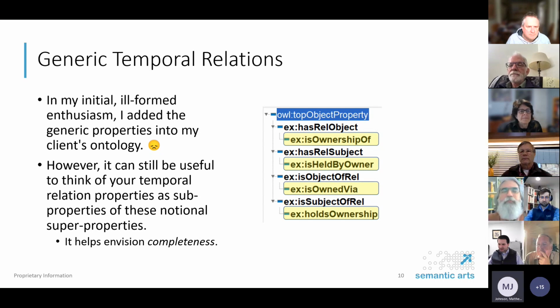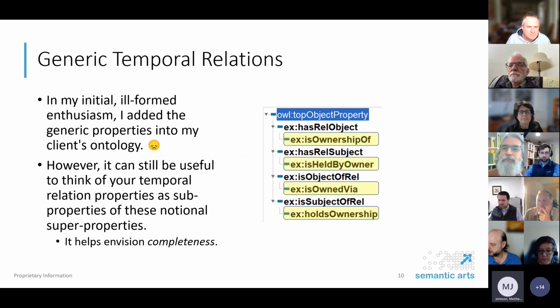Yeah. I haven't looked at the link, but the one thing I was going to mention, this might be related to what John is saying, is that the thing that has held me back sometimes with the temporal relation is the genericness of the has start date and has end date. Reading John's comment here about effective date versus as recorded date, there are a tremendous number of possibilities of kinds of dates that apply to a temporal relation, depending on the domain you're in.